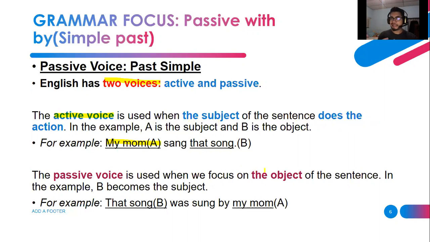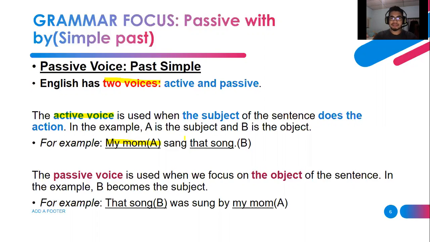How do I know that it is the subject? Well, because it is the person doing the action. My mom is the one that was singing. Nobody else was doing that action. She was the one doing that action in that sentence. That's how I know that it is the subject.